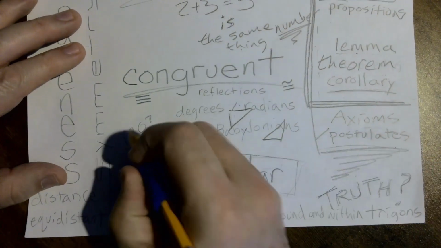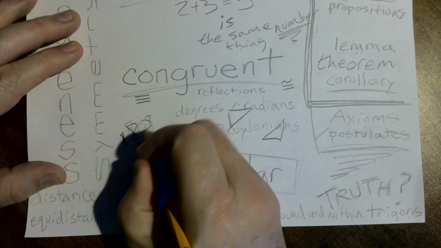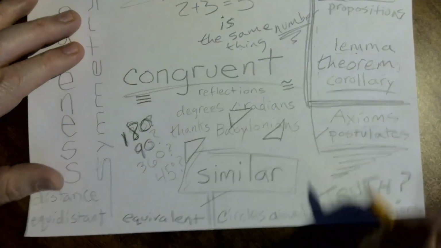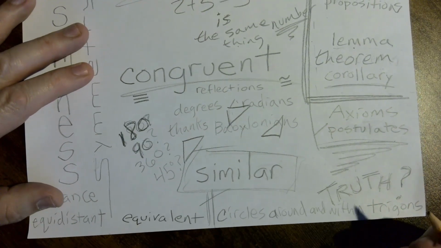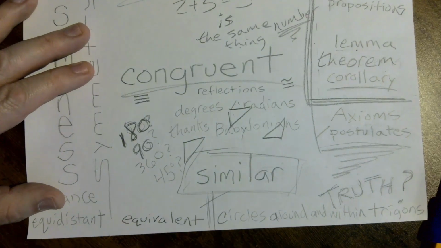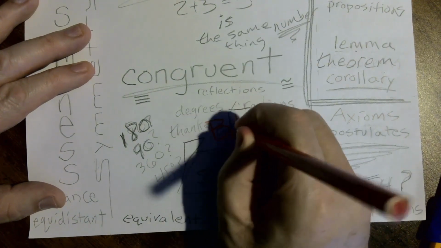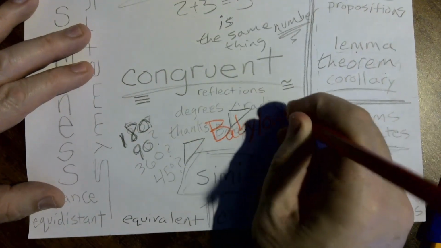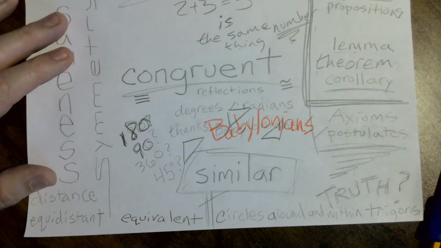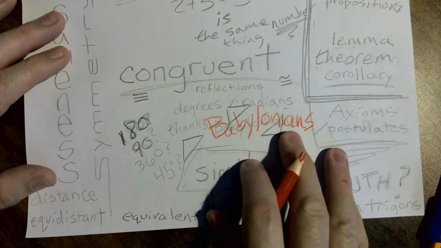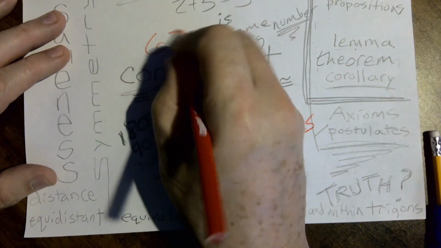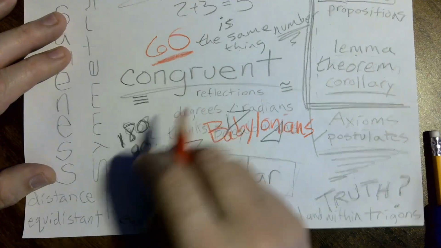A word on these numbers here, like 180 or 90, as in 90 degrees. Thank the Babylonians for that. It's a Babylonian thing, and it was just their preference. There's nothing special about those numbers. It's just tradition, basically tradition. Babylonians, they liked 60. That was their favorite thing.